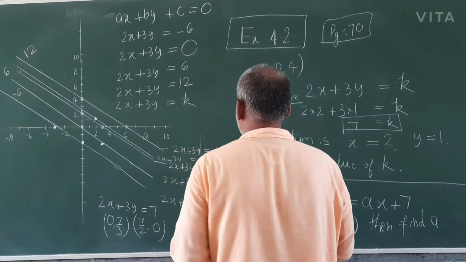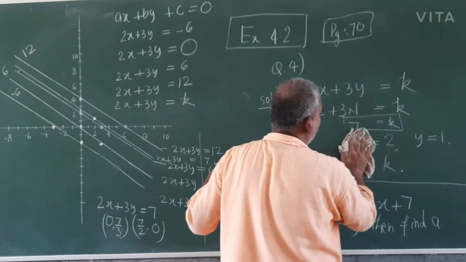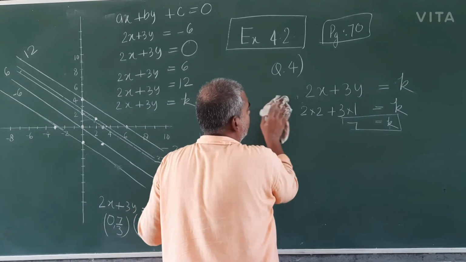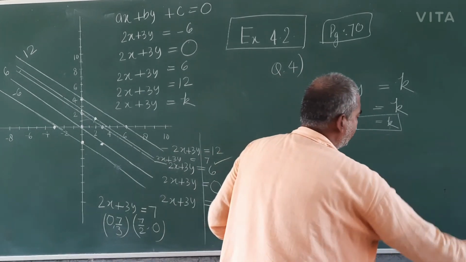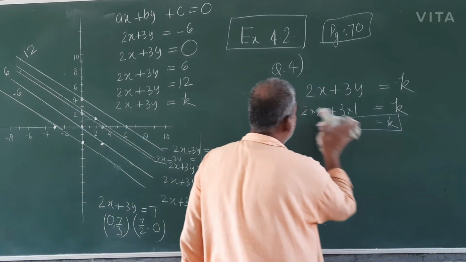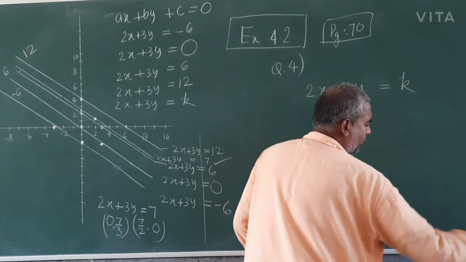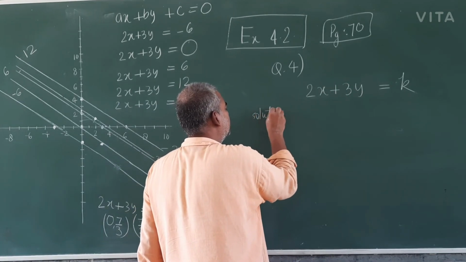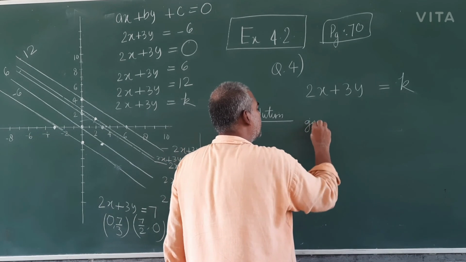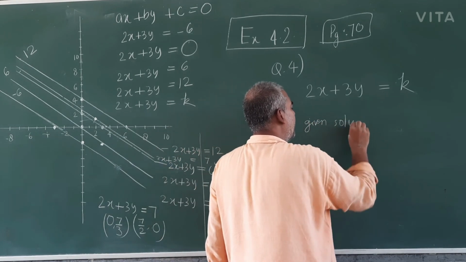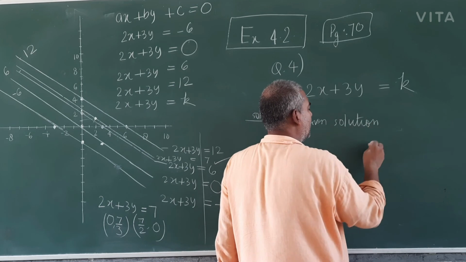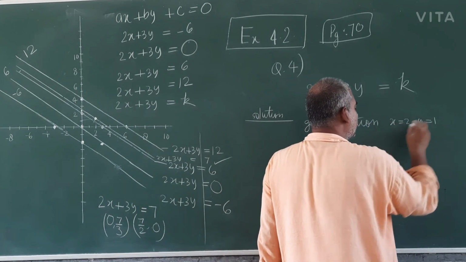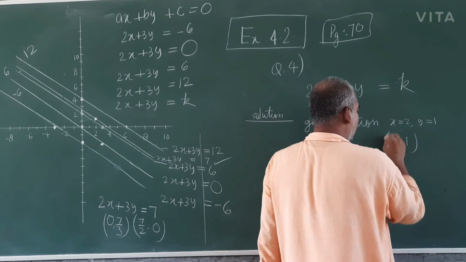I'm only solving this; the rest was only for the explanation. The solution is given: the point lies on this line, x equal to 2 and y equal to 1, means 2, 1.